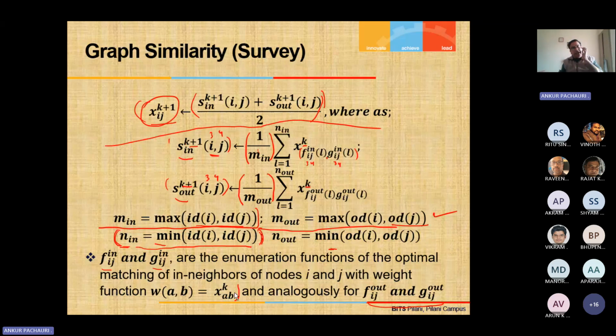As this is a directed weighted graph, I will add all those incoming neighbors and the weights of those incoming edges and the weights of all those outgoing edges. Based on those, I find out the S k in and out, and then take an average. It will be the similarity score of that node for that iteration.